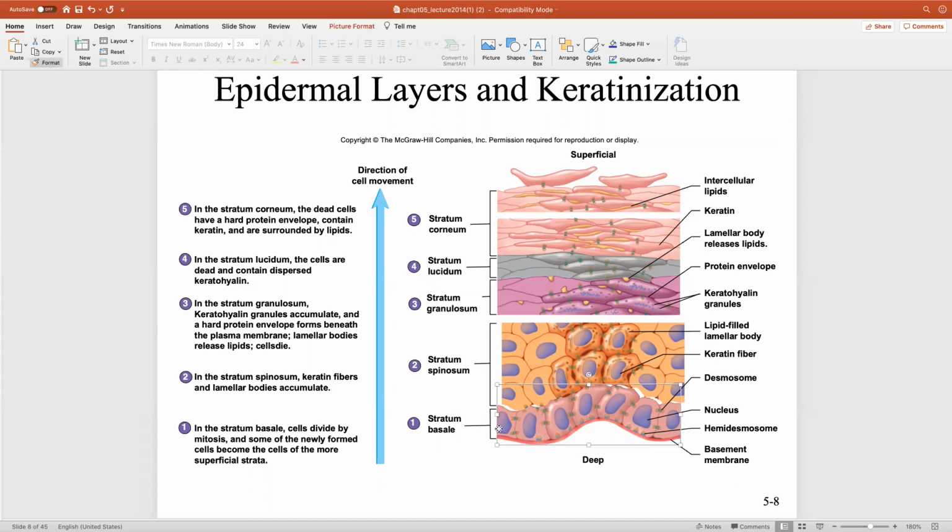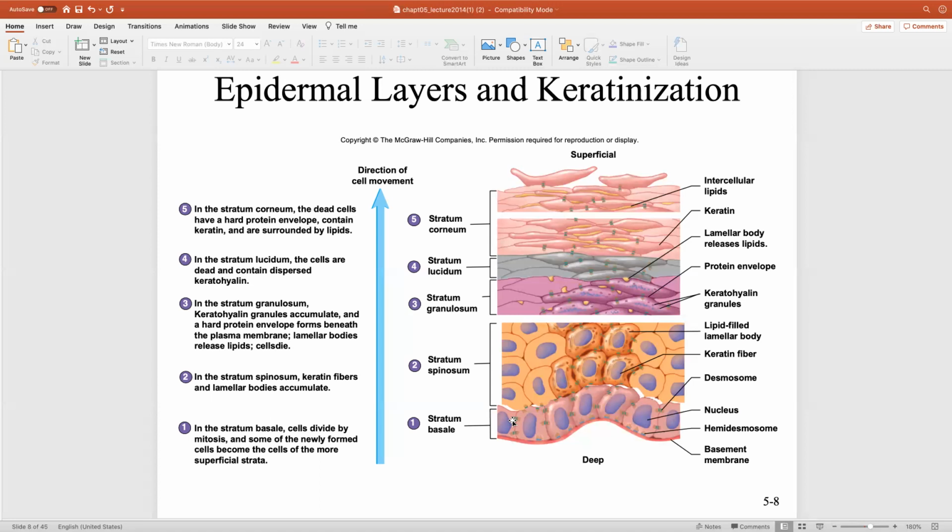So what we see is that you have this bottom layer, the deepest layer of your epidermis. This is the only truly functionally mitotic cells in the actual skin. The book will talk about maybe a little bit of mitotic activity elsewhere, but we know that the most mitosis occurs in the stratum basale.